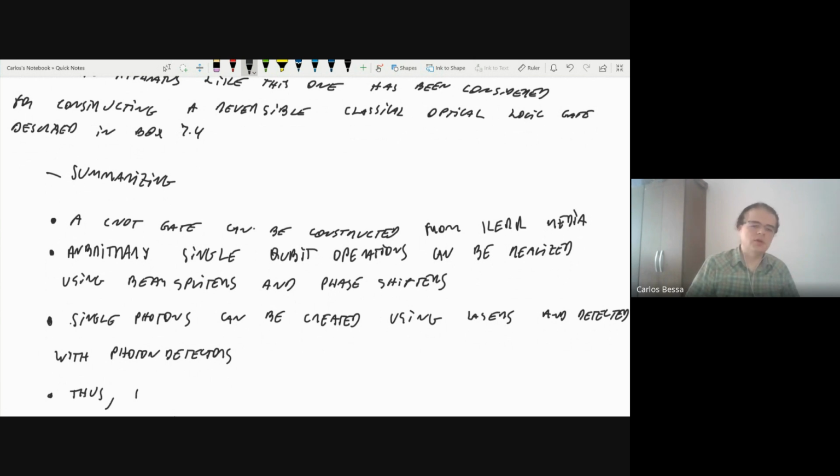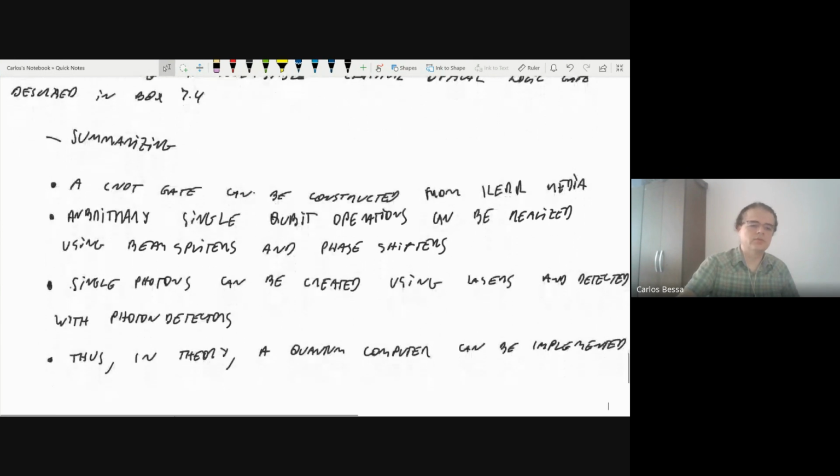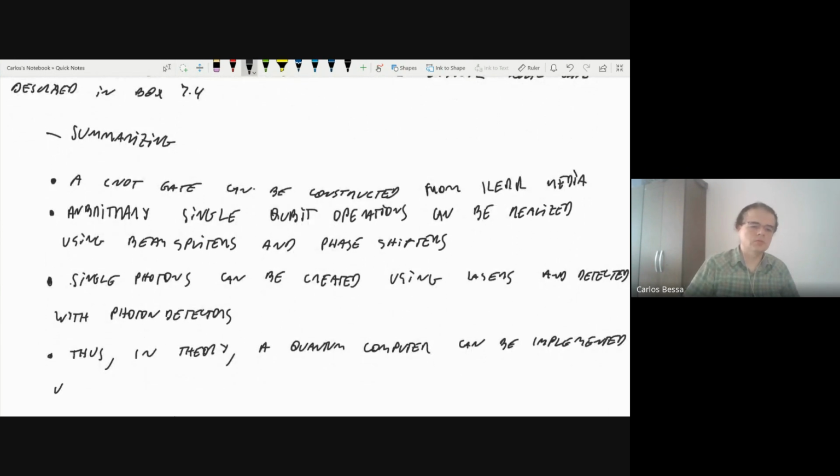Thus, in theory, a quantum computer can be implemented using these optical components.